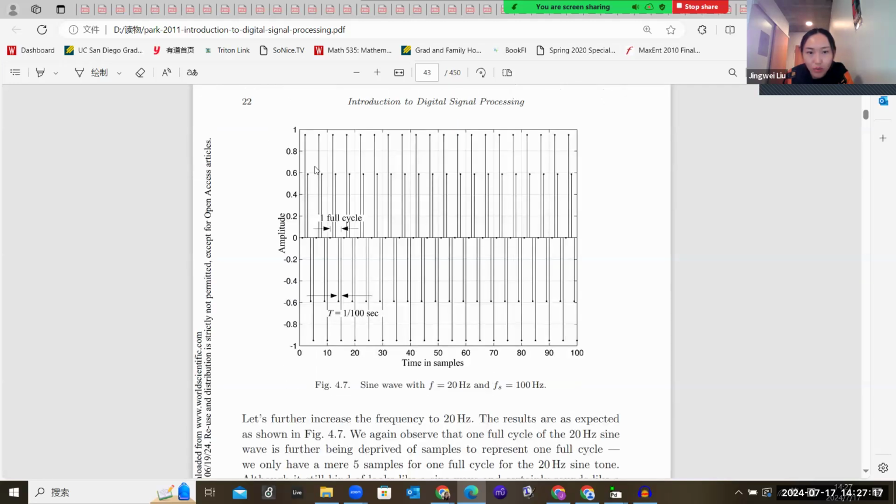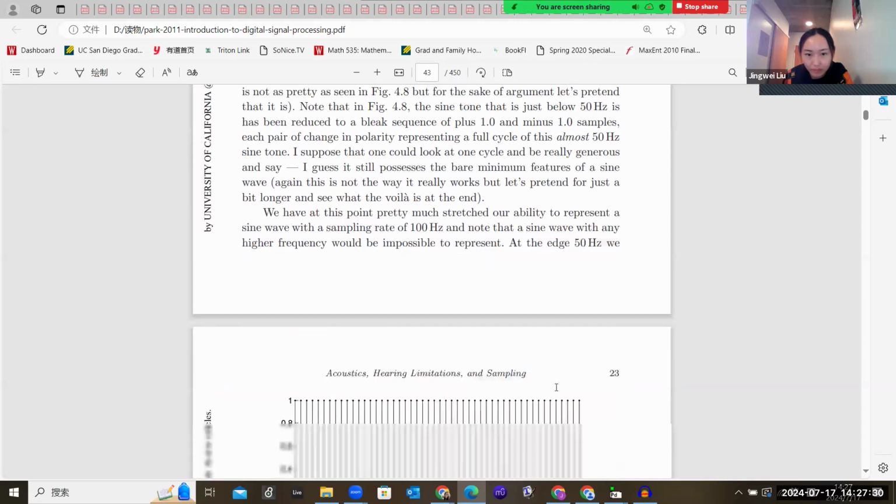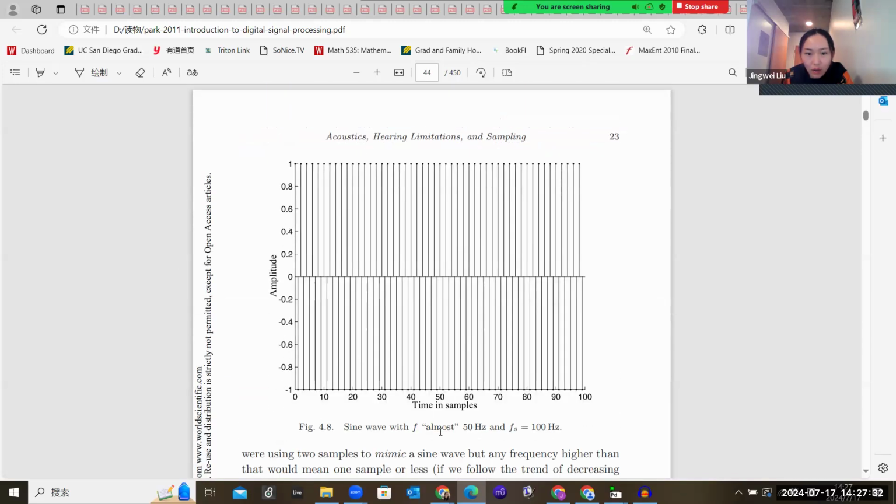What if you change it to 20 hertz? Then you have much fewer points to represent one cycle, because your frequency is getting closer to your sampling rate. Continuing with this, when you choose a frequency of almost half of your sampling rate, so almost 50 hertz, you'll get something like this. Because it's almost half, you only have 2 points to represent each cycle.